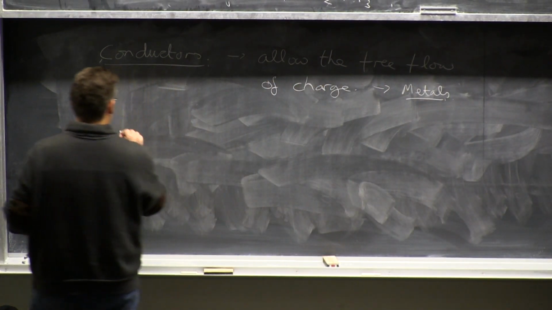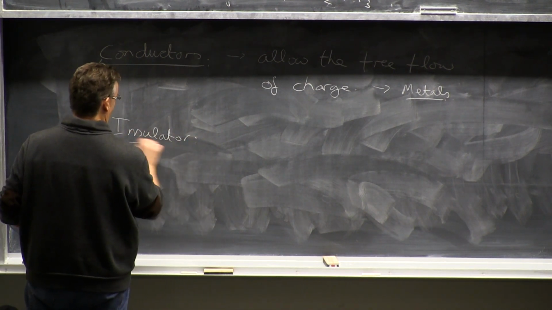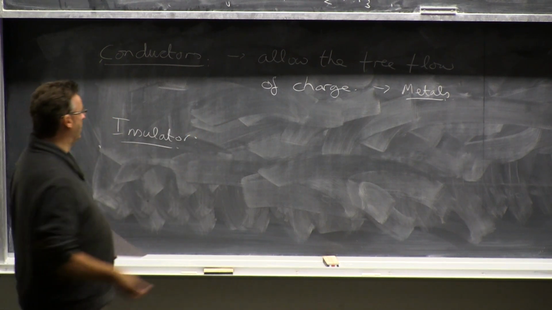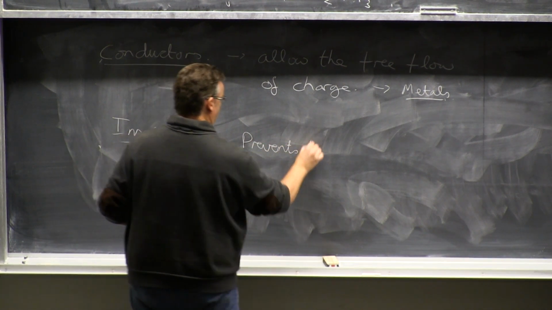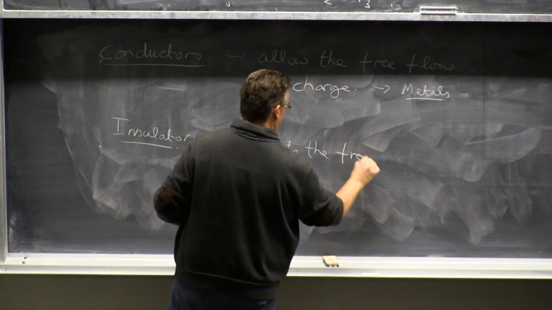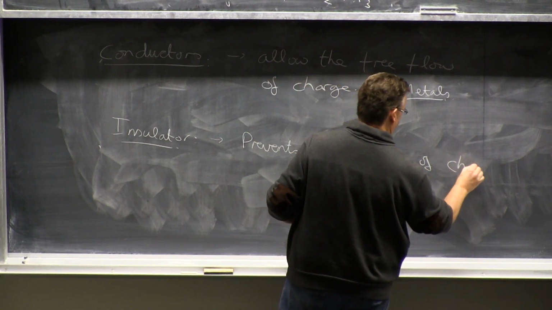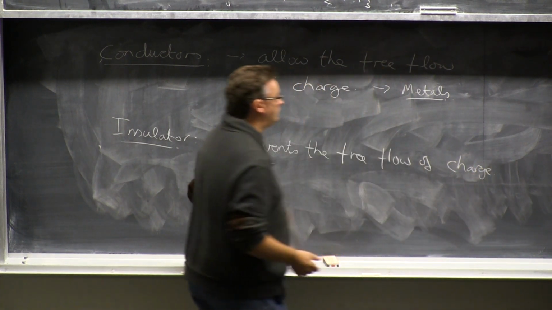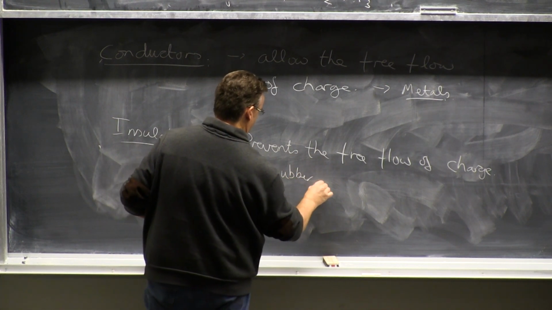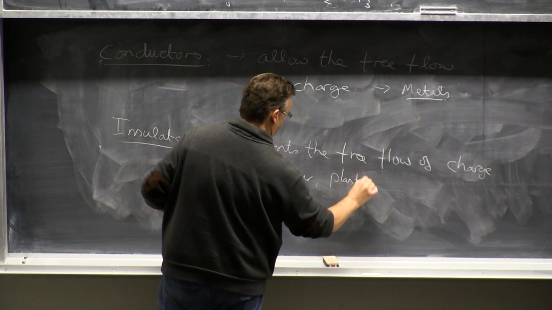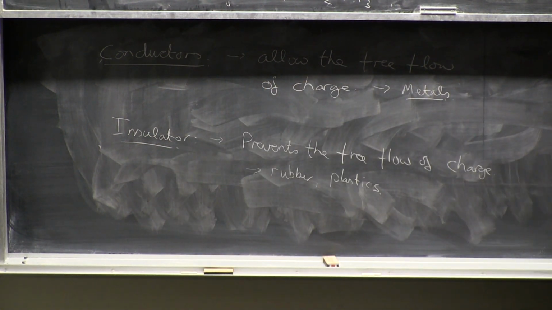And an insulator, well, that prevents the free flow of charge. And that sort of rubber, plastics would be examples of insulating material.